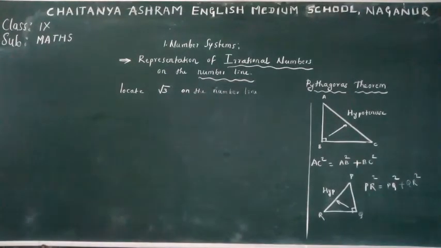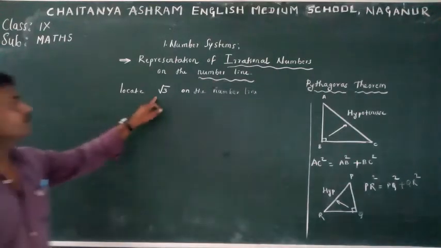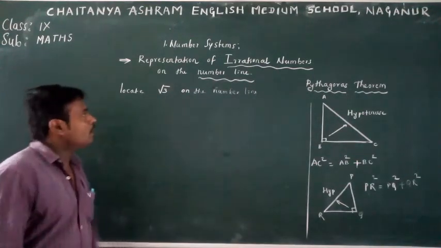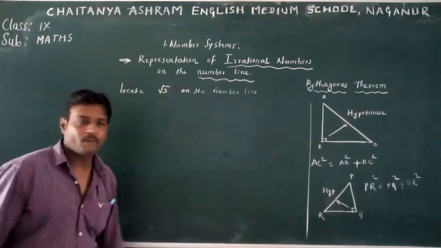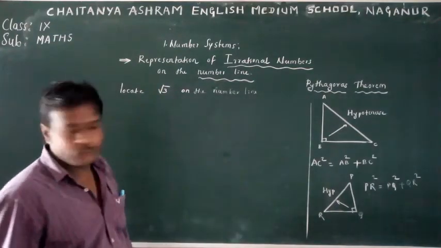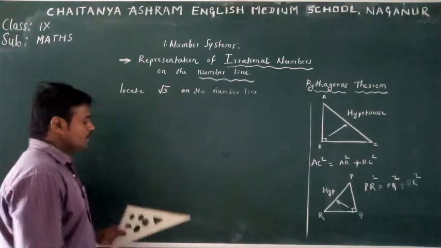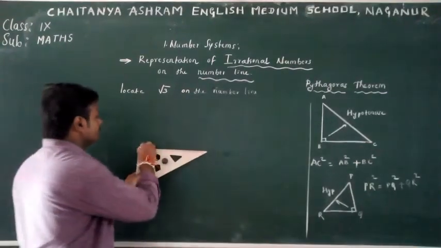Okay, dear children, now take another irrational number, root 3. How do we represent root 3 on the number line, or locate root 3 on the number line? So first draw a number line.